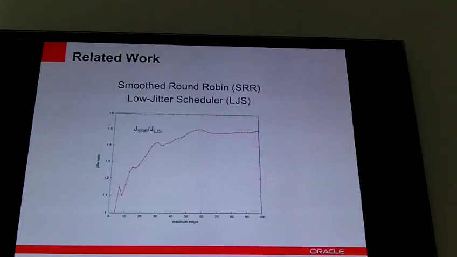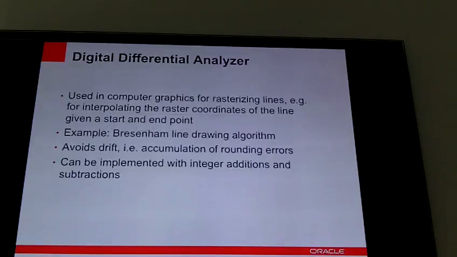For example, for a maximum weight of 10, we looked at all possible weight combinations that add up to 10. For each combination, we calculated the jitter, and then we took the average over all the combinations. So any value greater than 1 in this graph would mean that SRR performs less well than LJS, or, said another way, that LJS outperforms SRR, which it does.